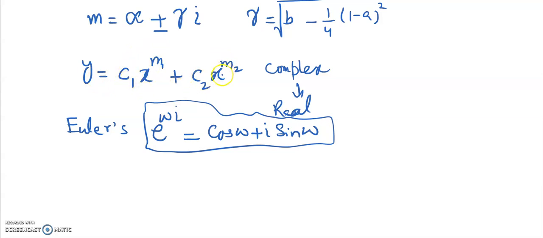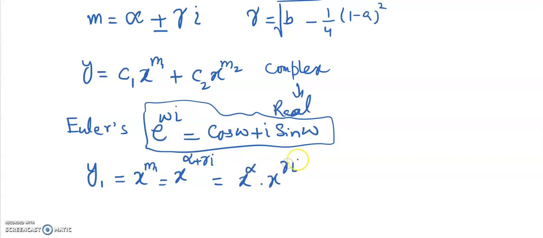Just for the time being, let's not consider the constants of integration. The first solution will be y1 is equal to x power m1, which can be represented as x power (alpha plus gamma i). We can also write it like this: x power alpha into x power gamma i.